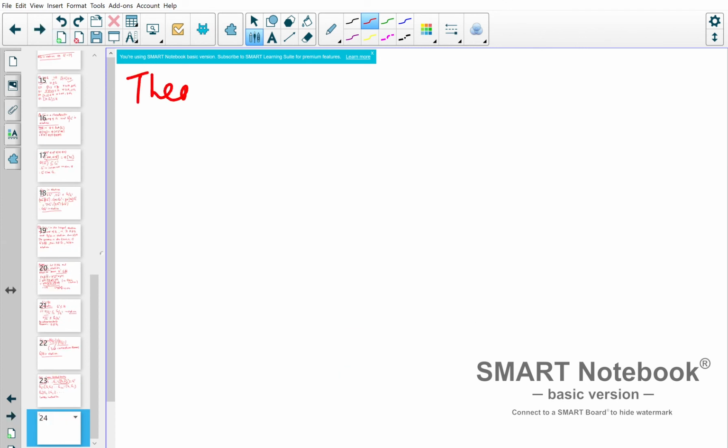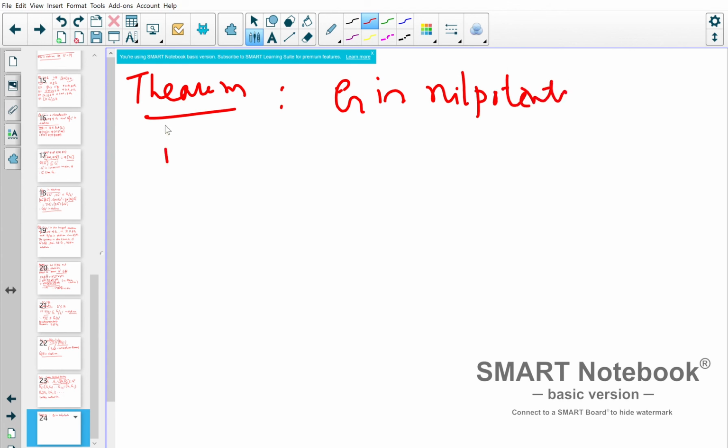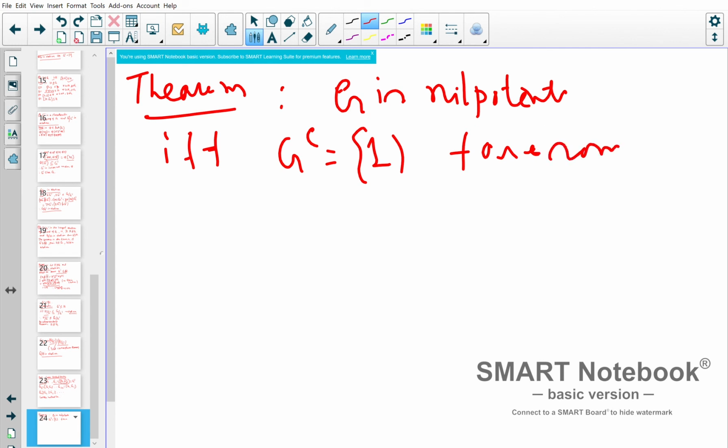Theorem: G is nilpotent if and only if G^C equals 1, I mean the identity, for some C belonging to the natural numbers.